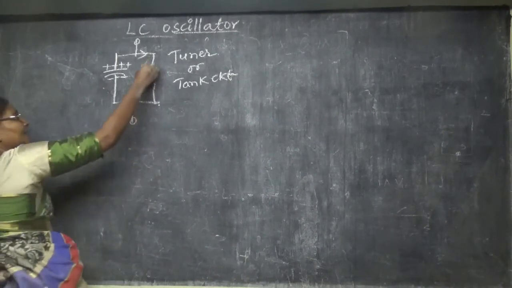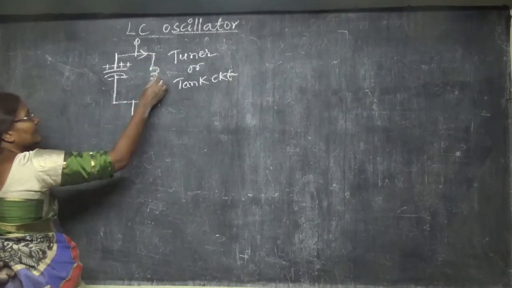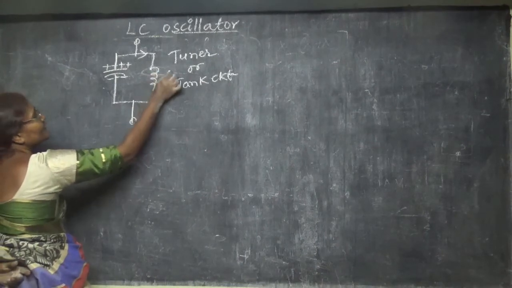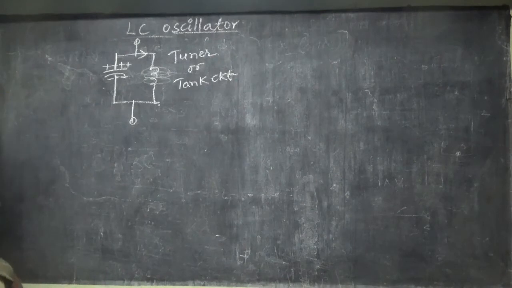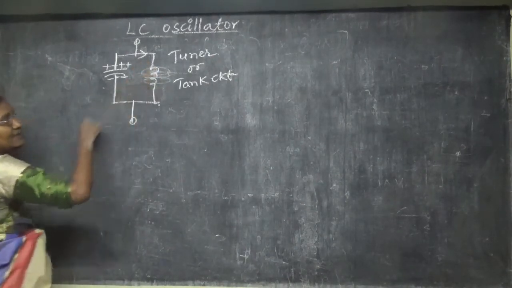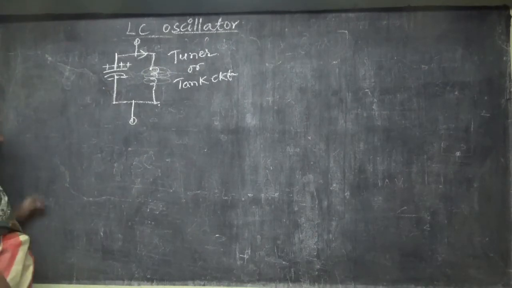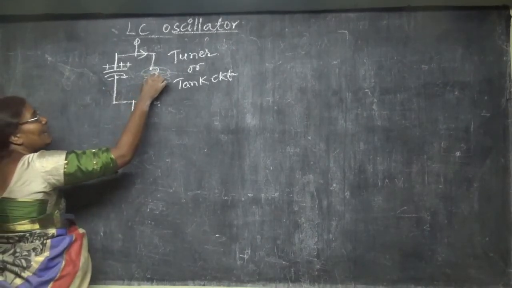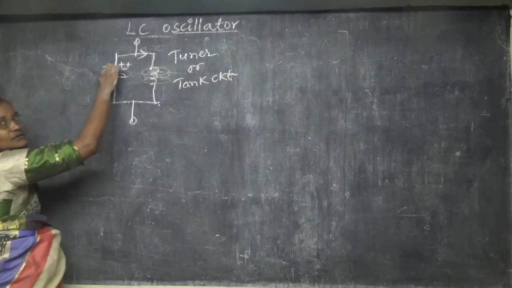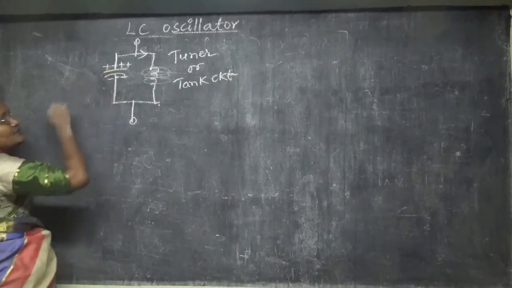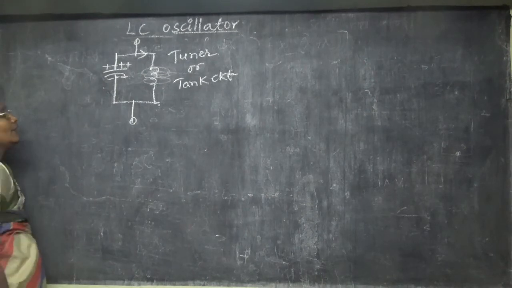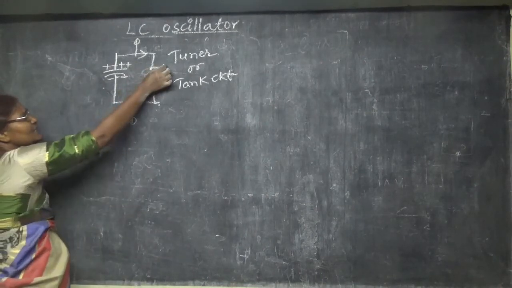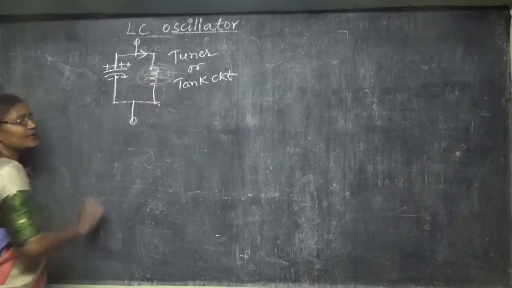So when some current flows through this inductor, it will produce some magnetic field, and that magnetic field is responsible for storing the energy in it. The energy stored in the inductor will be half L I square, and the energy stored in the capacitor is half C V square. That is the different thing. We don't need it here. Now, what is the principle of this inductor?